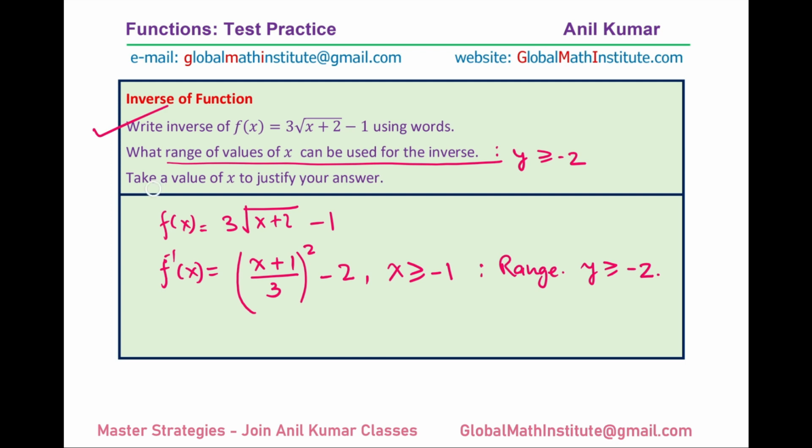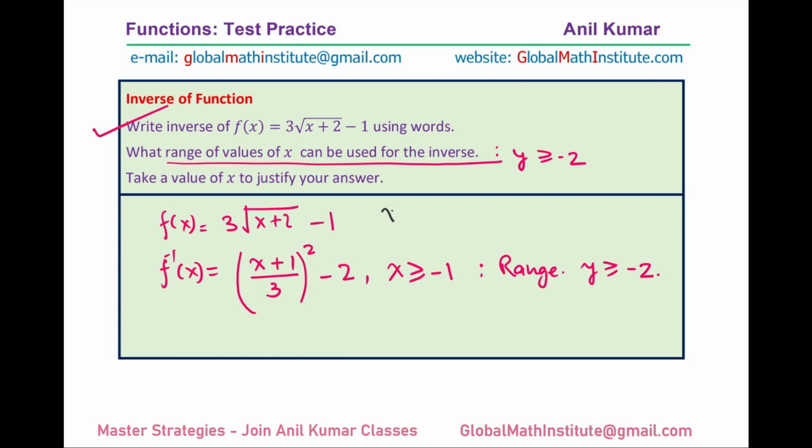Now it says take a value of x to justify your answer, right? So that is to say, if I take a value of x here, let's take a value which is valid. Because this is a square root function, it will be a good idea to take x as, for example, 2.